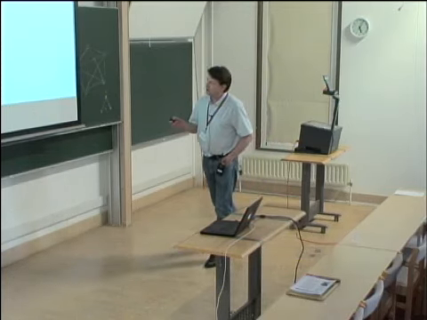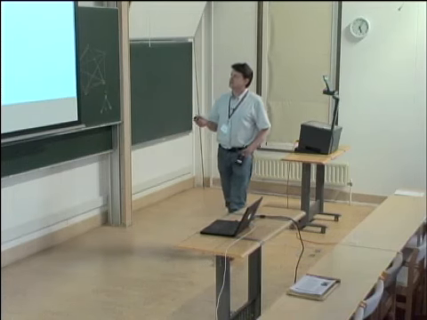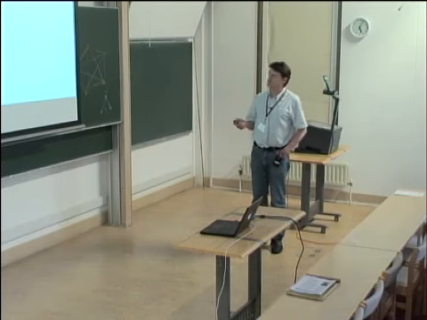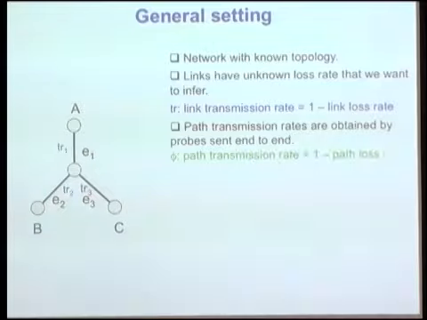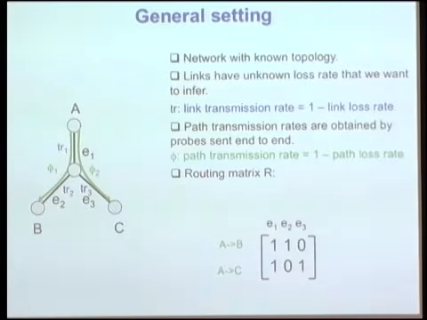The complement of the link loss rate is the transmission rate. So we have these unknowns, and what we can measure is path transmission rates. If we have a path from A to B, we can count how many packets are sent from A and how many are retrieved at B, likewise from A to C, and from that we try to infer the different transmission rates.